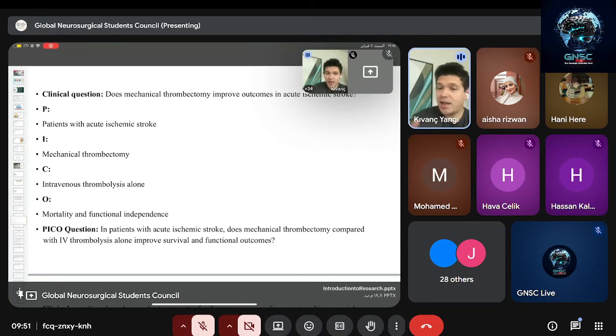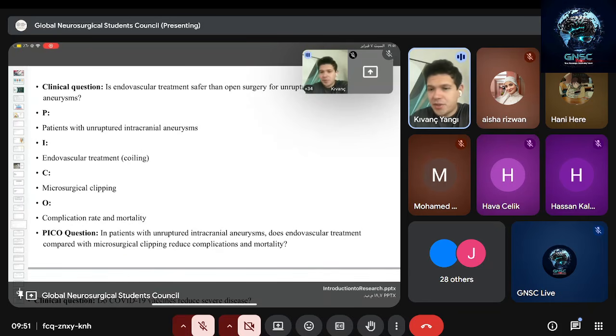Your comparison can be IV thrombolysis alone, and you should compare these groups in terms of mortality or functional independence or MRS scores or whatever. So your question: in patients with acute ischemic stroke, does mechanical thrombectomy compared with IV thrombolysis alone improve survival and functional outcomes? This is a correctly framed PICO question. Next slide, please.